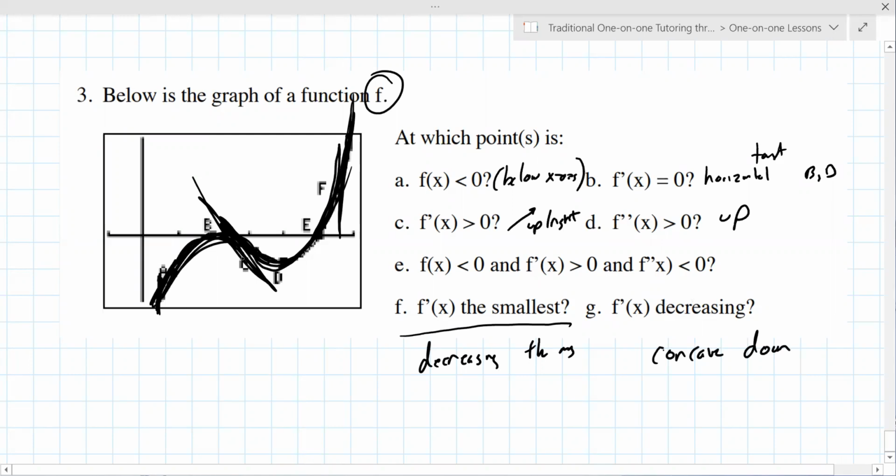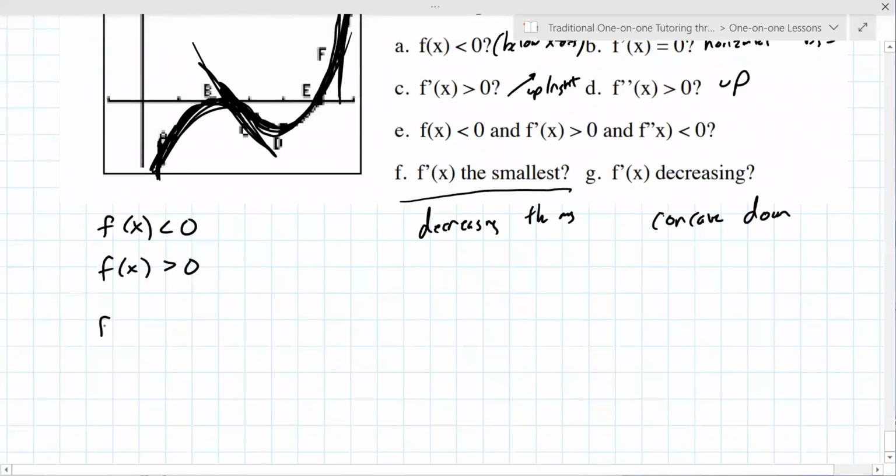So you would probably get a couple of these on an exam. You wouldn't get all of these, but they're all sort of in play. You need to know all of them. And we actually didn't even do all of them. There's f of x less than 0, greater than 0, f prime of x equals 0, less than 0, greater than 0, f double prime of x equals 0, less than 0, greater than 0.